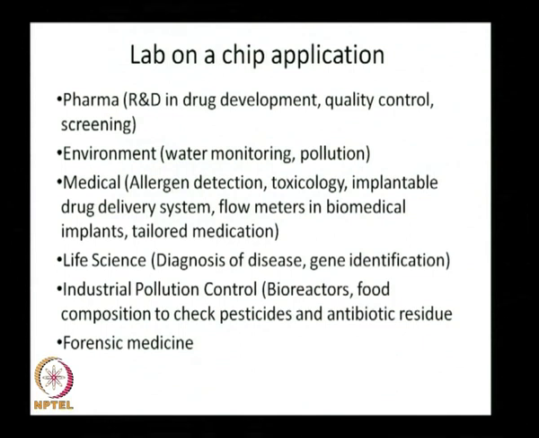This has a lot of promise, and a lot of thought has been put into it. So, there are applications which I identified here in this list. There are pharmaceutical applications, R&D in drug development, quality control and screening.